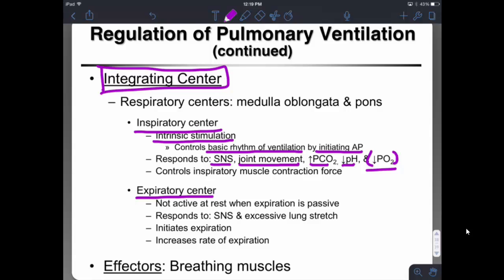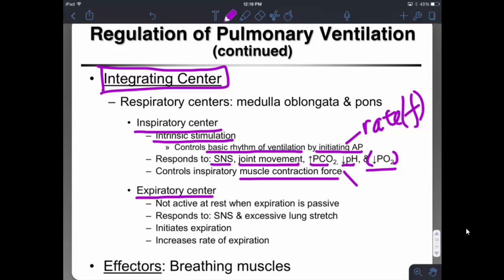So the inspiratory center initiates an inhalation and also controls the amount of contraction force. This helps determine the rate of breathing, which is frequency, and also the degree that the inspiratory muscles contract, so the diaphragm and the external intercostals.